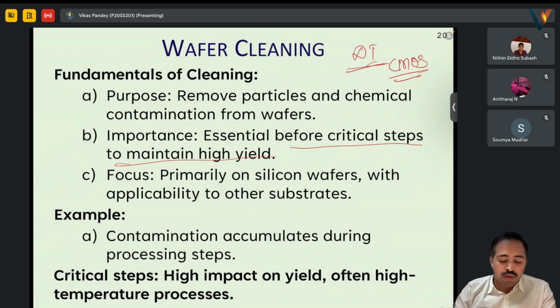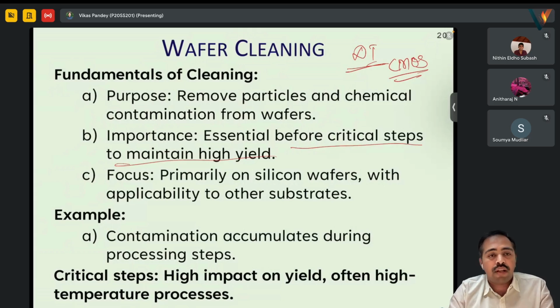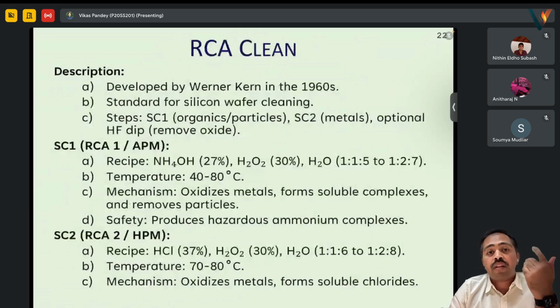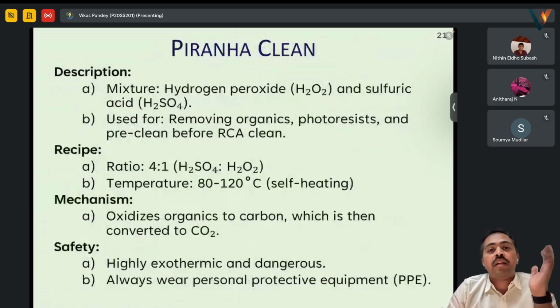Okay, so there are some basic cleans like Piranha clean, that is the most common one, where a mixture of hydrogen peroxide and sulfuric acid, both very high oxidizing agents, is used for removing organics, photoresist, and making it ready for the next step of cleaning. Okay, so this is the basic.